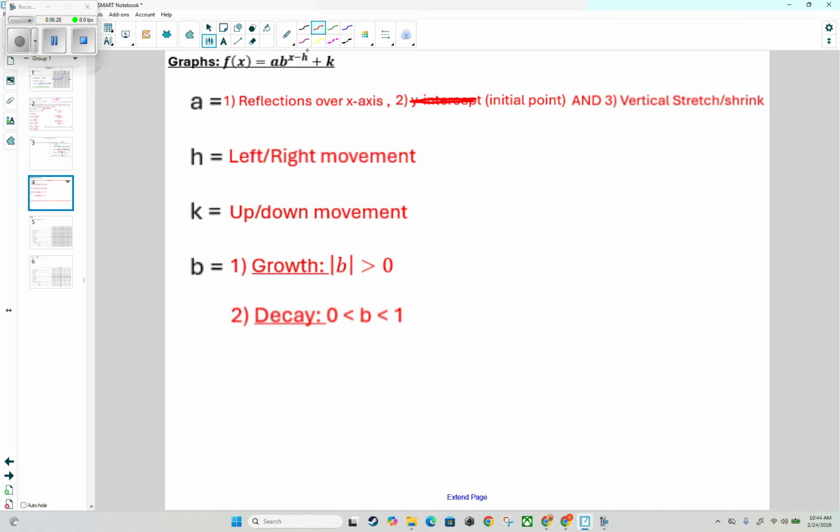So he kind of tells us our general shape: okay, we have a growth function or we have a decay function. Well, I can draw it. Give it a second. So those are going to give us our basic shapes, that's going to be the b. a is going to be telling us where that critical point kind of falls initially, and then we'll do the up and down movement. Now remember, when we do the up, down, left, right movement, that asymptote is following me. So you kind of see how we do this.